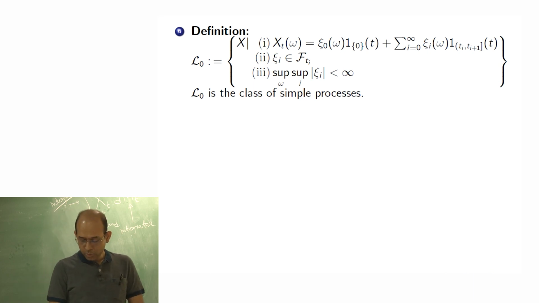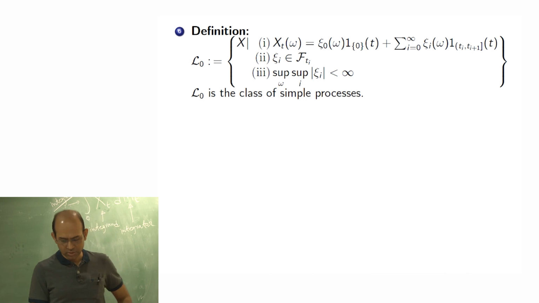For every t between t_i and t_{i+1}, the process X picks up the value xi_i. So, I should put the measurability condition on xi_i. We require xi_i to be F_{t_i} measurable.